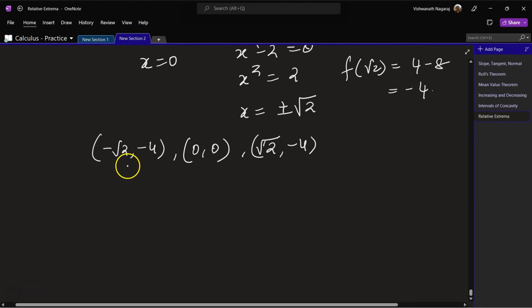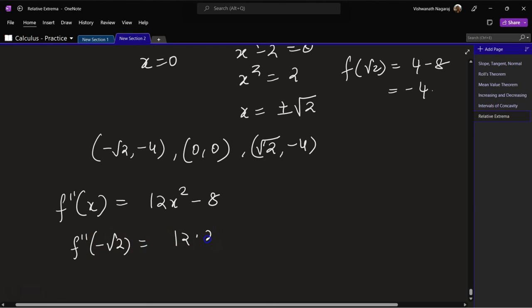Okay, so now to figure out which is maximum and which is minimum, let's do the second derivative. So f''(x) would be, the first derivative is 4x³ minus 8x, so 12x² minus 8. Okay, and now let's do the substitutions. At -√2 it is 12 times 2 minus 8, which gives us positive.